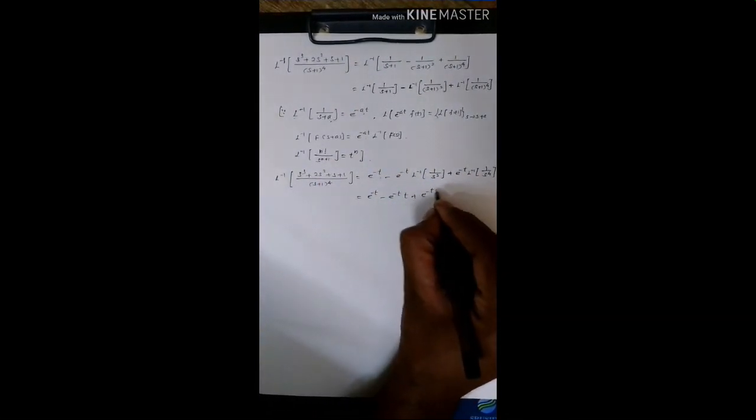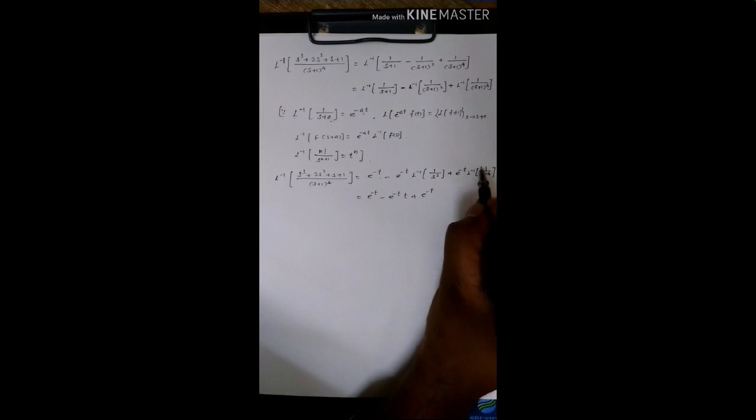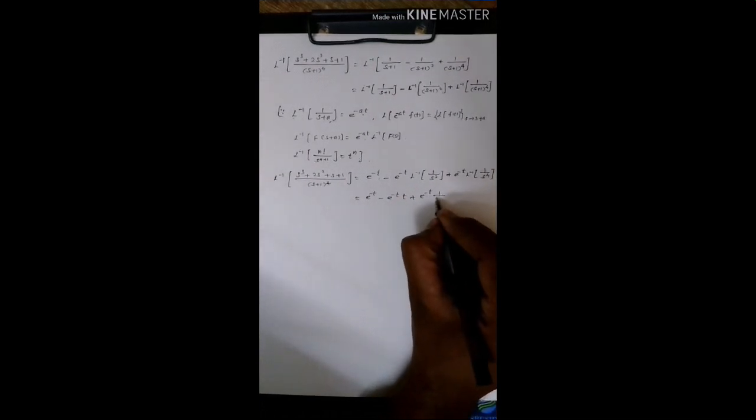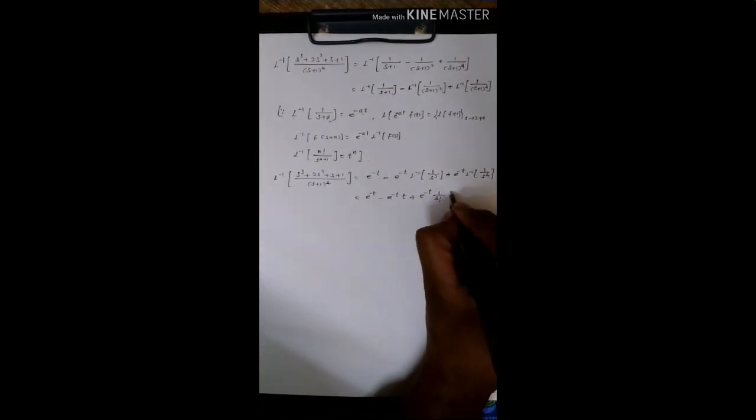Next, e power minus t into 1 by s power 4. That means the denominator we have to write in n plus 1 form, that means 3 plus 1 form. 3 plus 1 means the numerator should be 3 factorial, because 3 is n. So here 3 factorial is missing, so you have to multiply and divide by 3 factorial. So 1 by 3 factorial into L inverse of 3 factorial divided by s power 4.